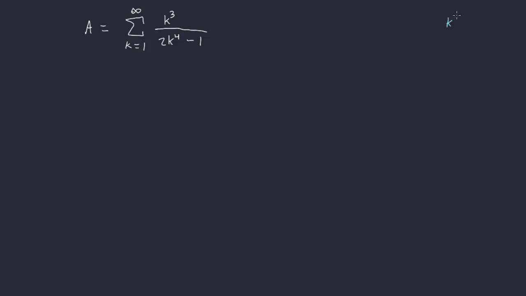So if we just ignore any lower powers or any constants, this is sort of what we have, which will end up being 1 over 2k. So we want to see if we can compare this series to 1 over 2k.